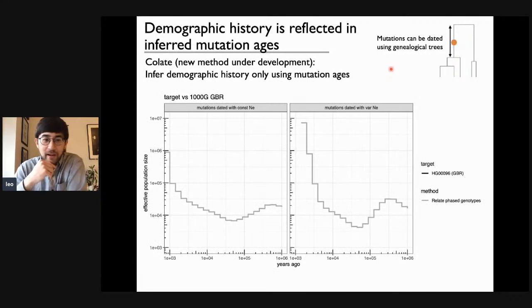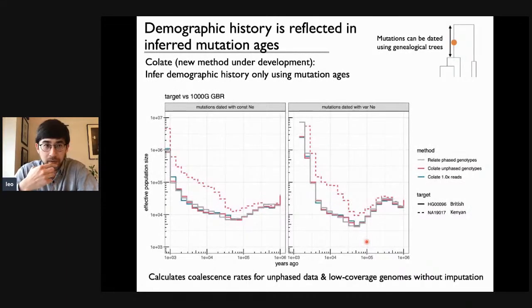So here I've calculated, firstly using Relate, so these are Relate curves, the population size history between a British individual and the rest of the British individuals in the 1000 Genomes Project. On the left-hand side I've used a constant population size prior, and here I've jointly fitted the population size, using our previous method.